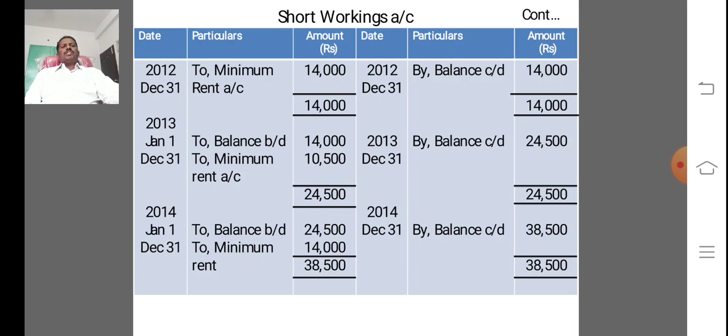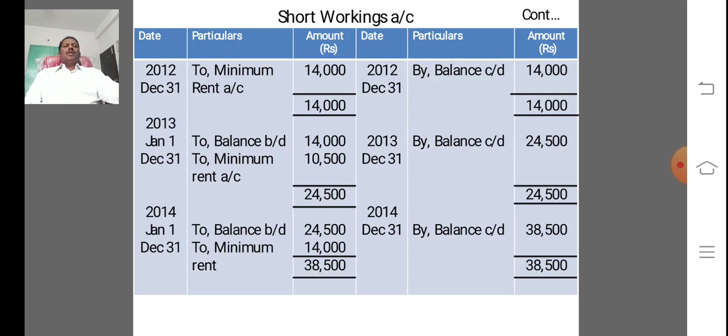And another account is short workings account. In the year 2012, from minimum rent short workings 14,000 and balance carried down is also 14,000. That balance carried down is brought down to next year's beginning, balance brought down 14,000.